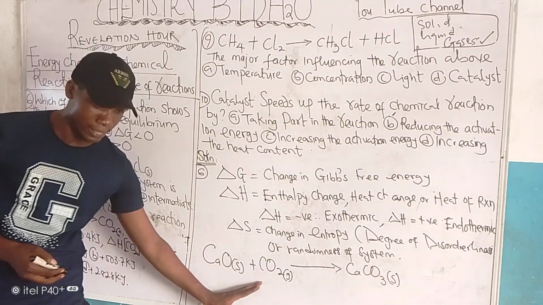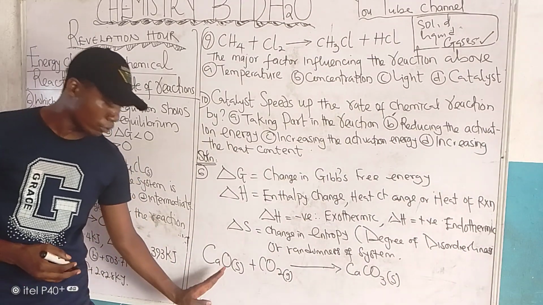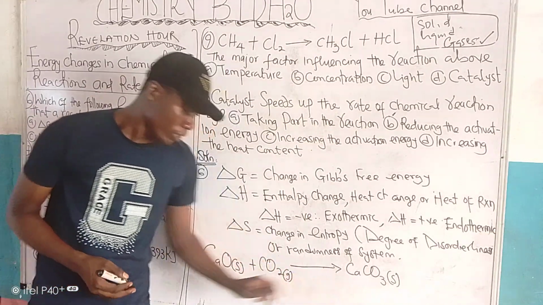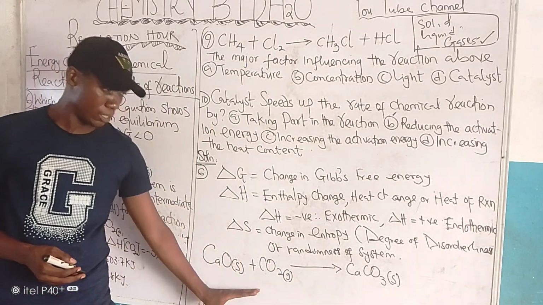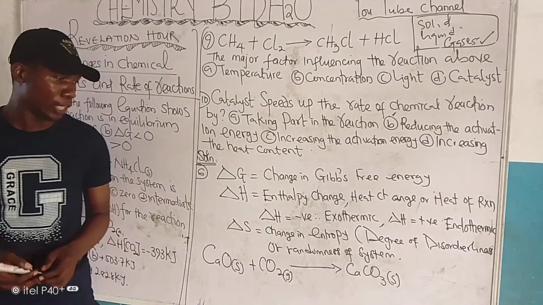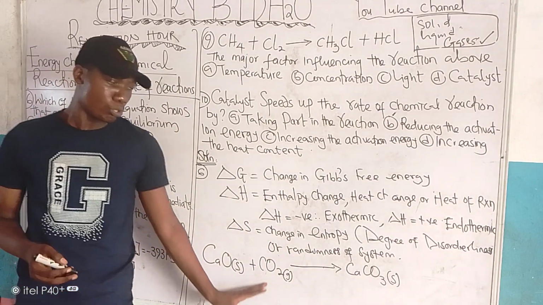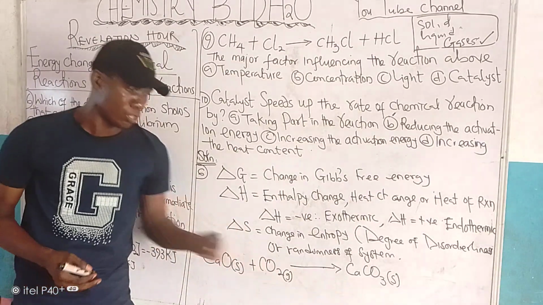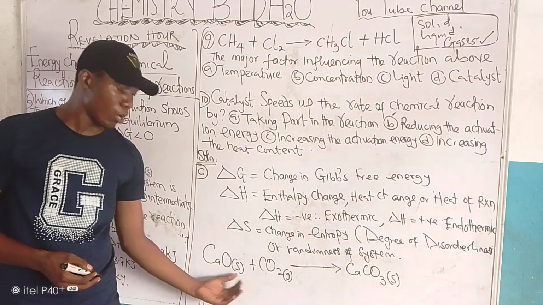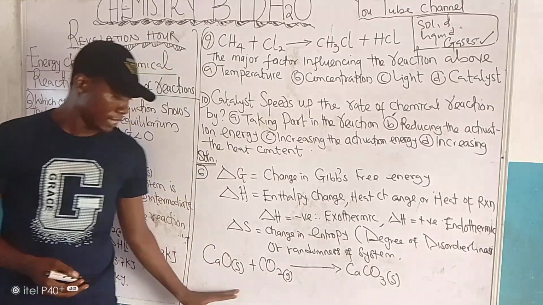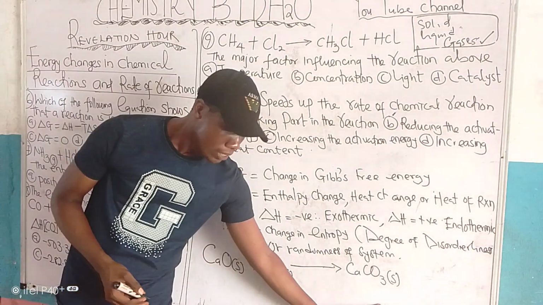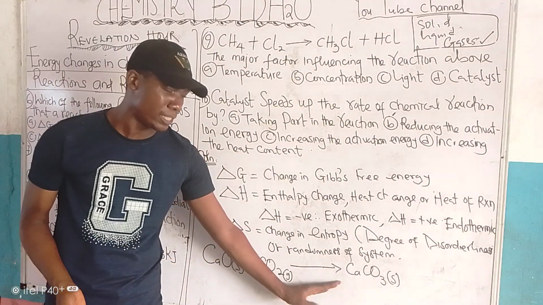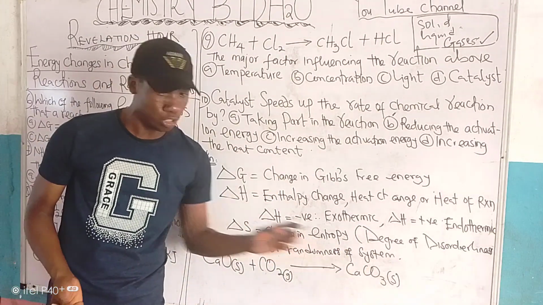Since you have gas here, and gas is absent here, it means that it has changed from a mixture of solid and gas to solid. So this side is more disordered than this because this is just solid. So if you move from a mixture of solid and gas to solid, it means that the entropy has decreased because gases are more disordered. And if the entropy has decreased, it is called a negative entropy.